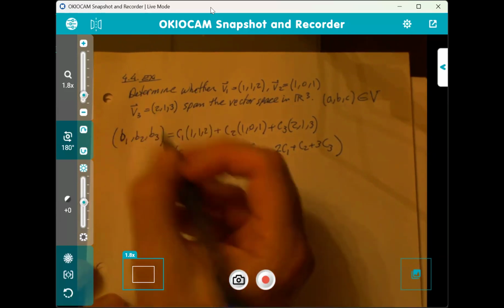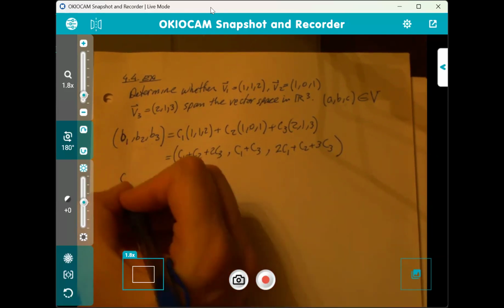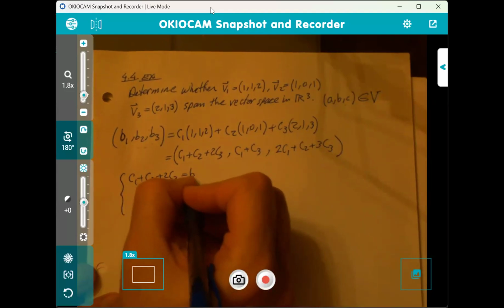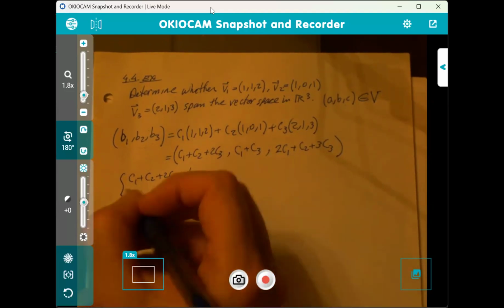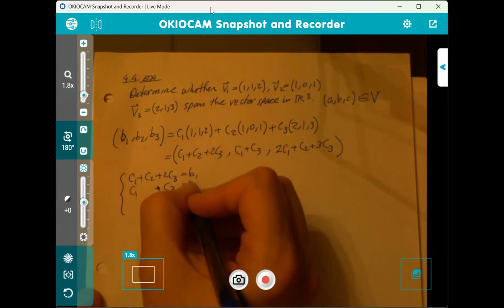Now, we can set up our system. The first component: C1 plus C2 plus 2C3 equals the general form B1. The middle one, C1 plus C3 equals B2.